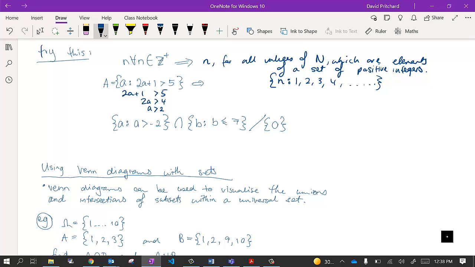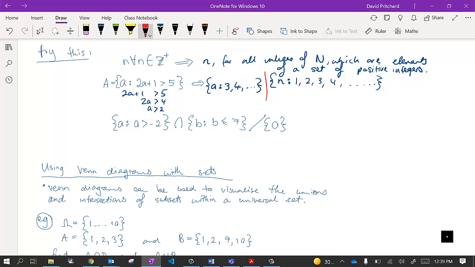So that means the first value that a would be is 3, and then 4, and that will go through to positive infinity. Now, that is a little bit open to interpretation. Possibly, if we're talking about real numbers, then it can be any real number that's greater than 2. We'll take it as if it was meant to be integers.